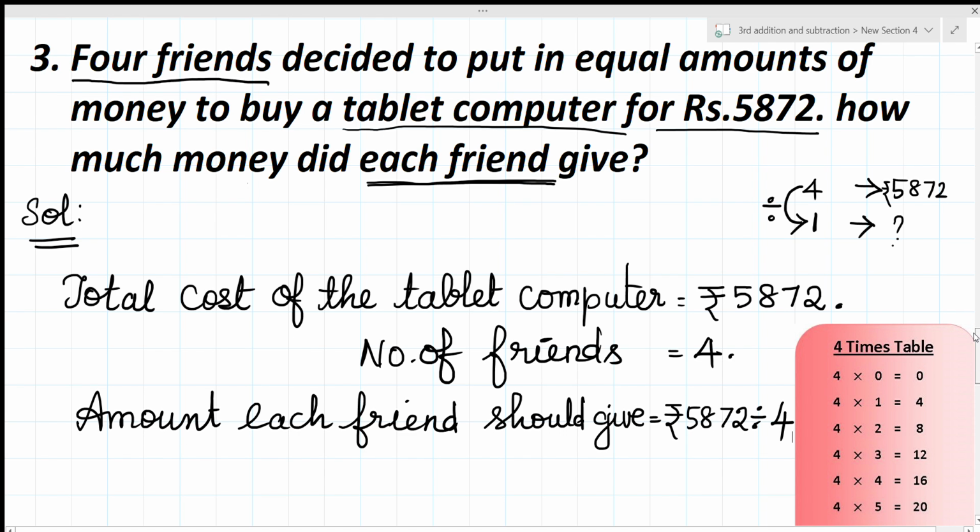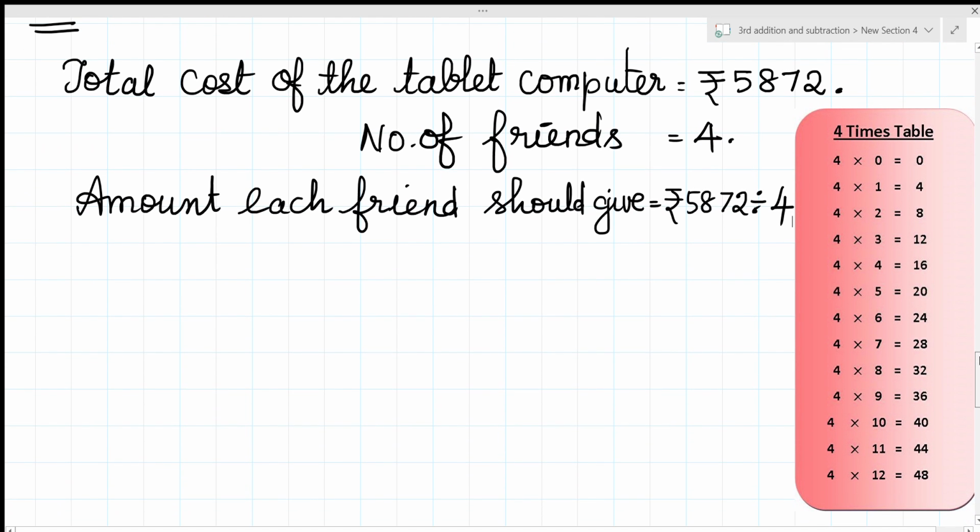That means we are going to divide the number 5,872 by 4. Now arrange the numbers. 5,872 divided by 4. So divisor is 4. We are going to use 4 table to divide the number. Take the first digit. Yes, it is bigger than the divisor.